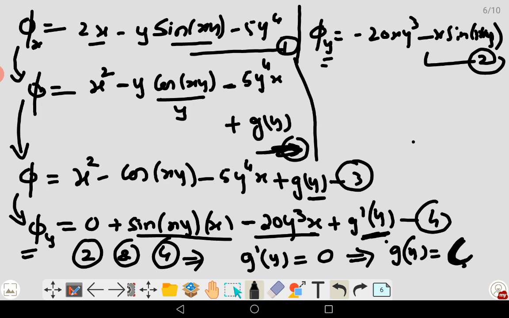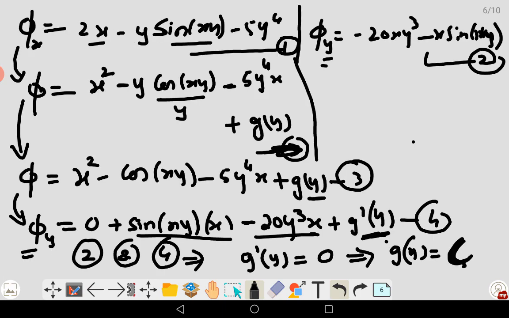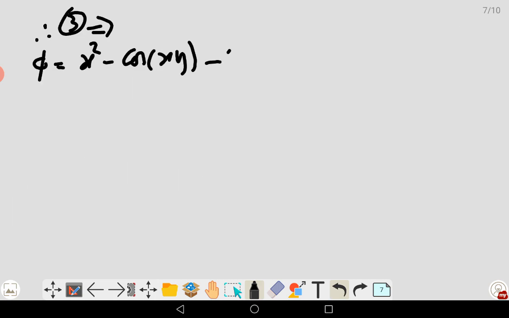This one, x square minus cosine xy minus 5xy raised to 4 plus a constant c. This is our function phi now, isn't it?